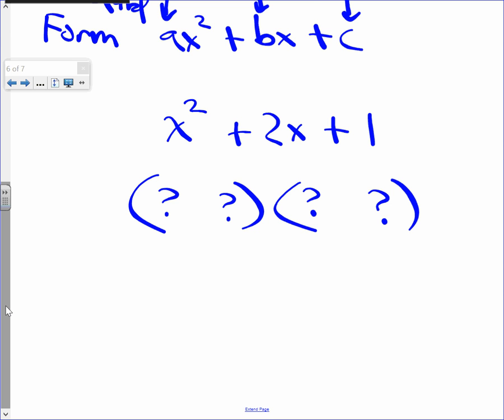Here's what the pattern involves. These two, I'm going to put like an arrow, a little loop. The first question mark and the first question mark here multiply to become x squared.